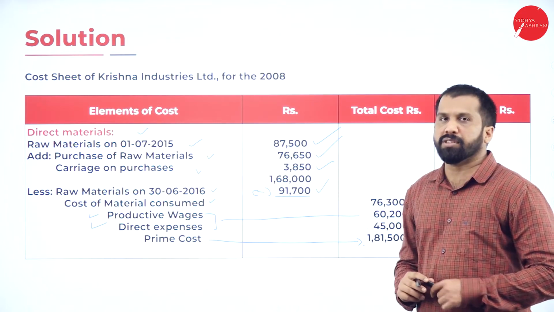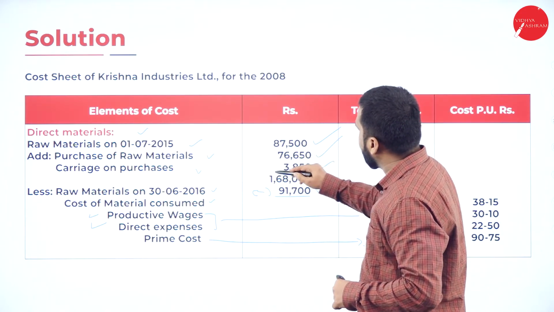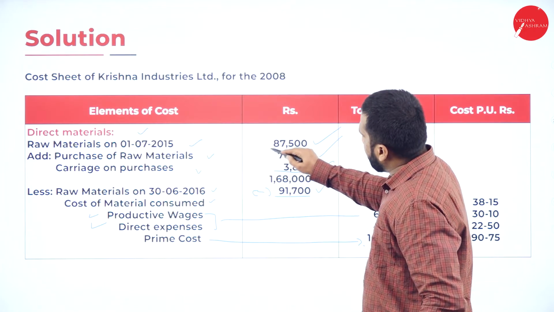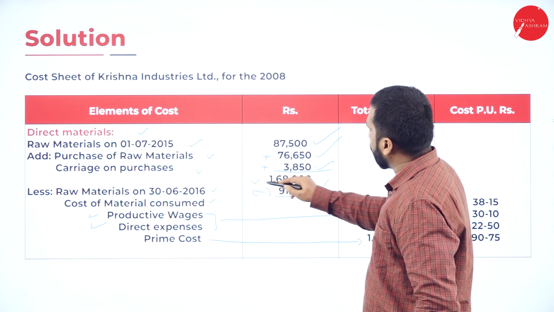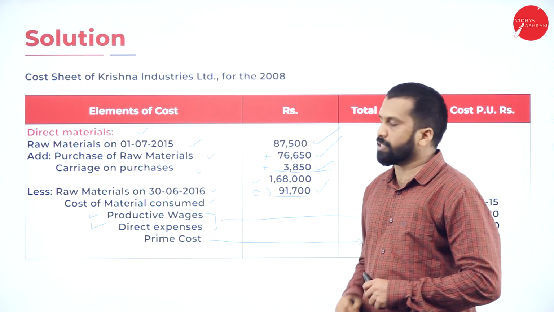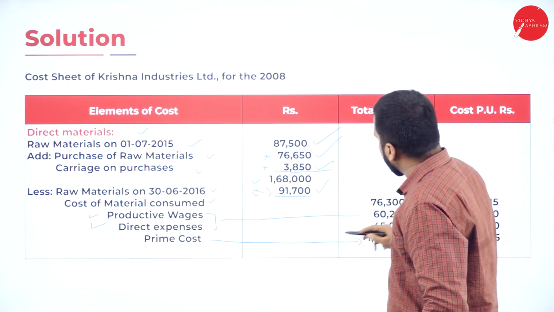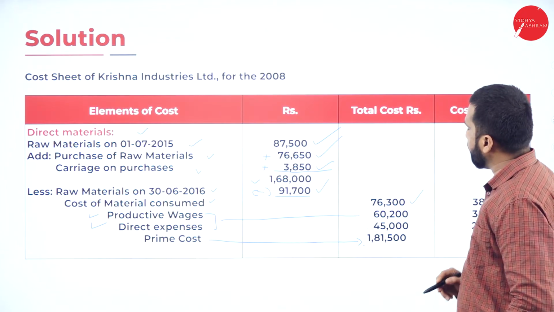Now what are we supposed to do? 87 plus 76 plus 3,850, you got 1,68,000. Minus your closing stock, you will get 76,300.